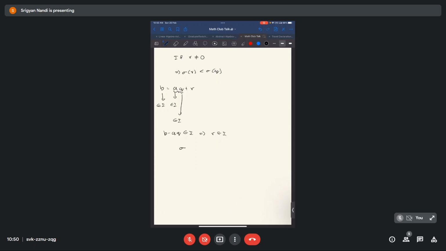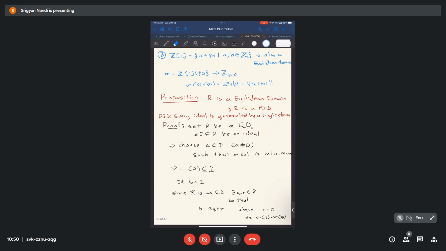But if R belongs to I, sigma R cannot be less than sigma of, oh, my bad. This is not sigma of Q. That is not what the division algorithm states.